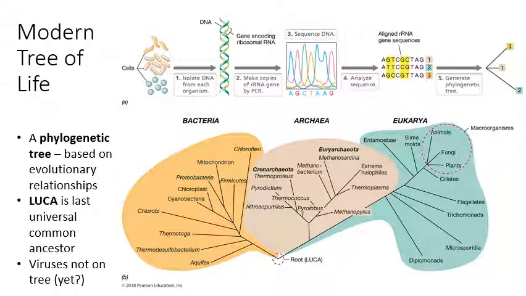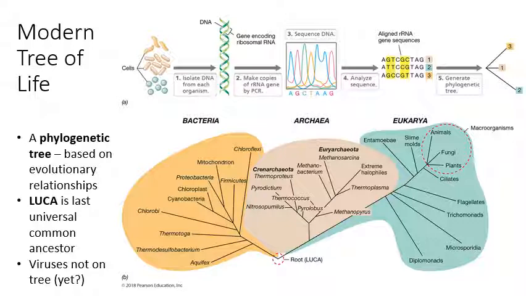So that work has led to the modern tree of life, where you have the 3 domains, bacteria, archaea, and eukarya. This type of tree of life is a phylogenetic tree. What that means is that it's based on actual evolutionary relationships between organisms, and those relationships are determined based on genetics.